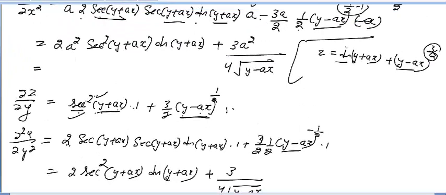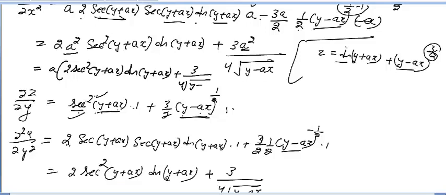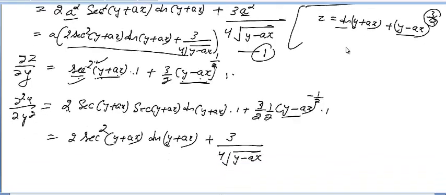From here if you take a square common, what you will get? 2 secant square (y plus ax) tan (y plus ax) plus 3 upon 4 root (y minus ax). So student, this is the derivative, it is very much clear. You can take this as equation number 1, or you can take this as equation number 2.